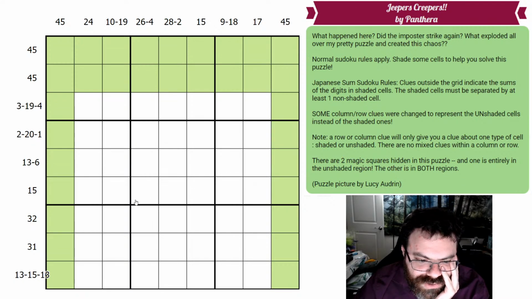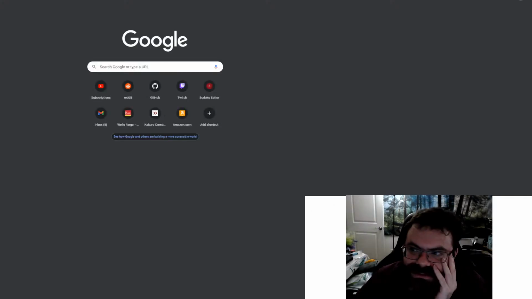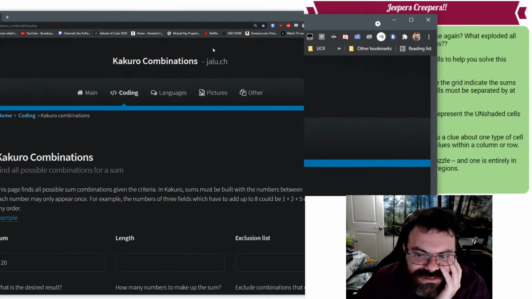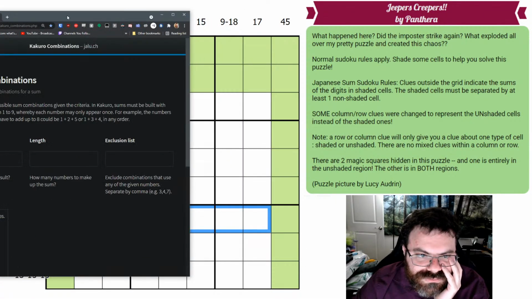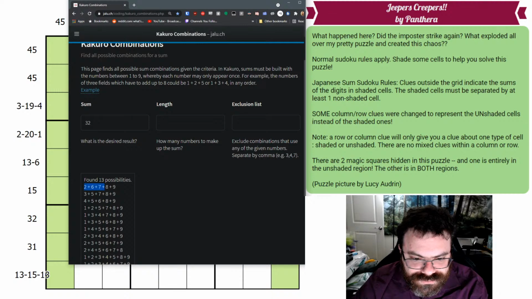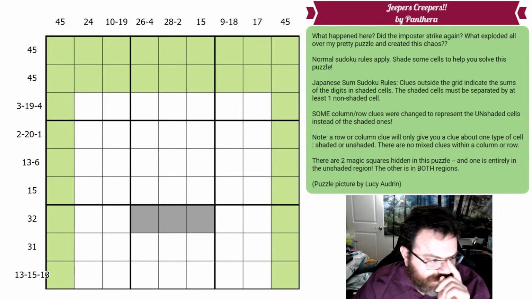We don't know where they go, but 32, let me pull up my little handy dandy combinations calculator here. So 32 has to be 5 long. So these are gray.